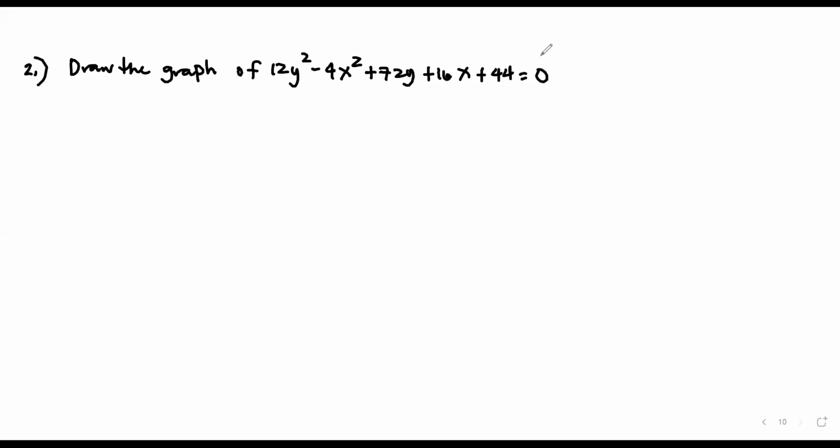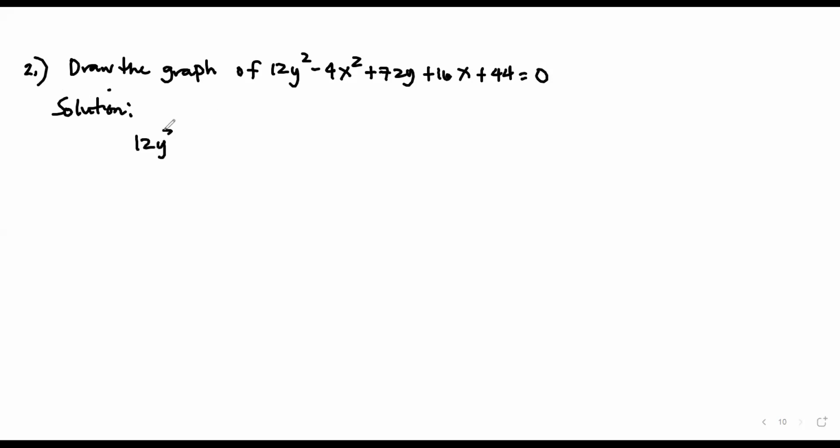Draw the graph of 12y squared minus 4x squared plus 72y plus 16x plus 44 equals 0. So you need to group them. You can group them with the same variable.